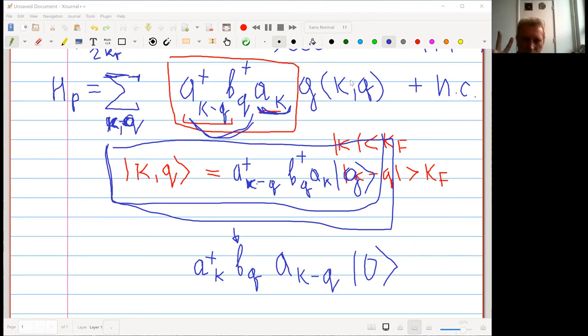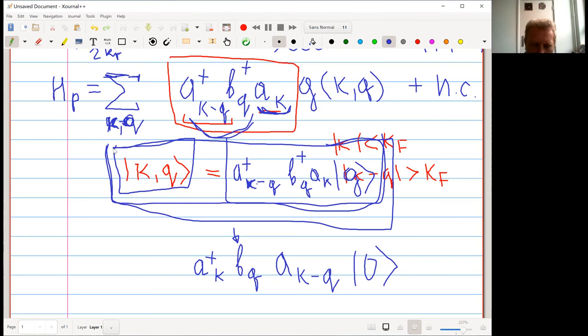What is important, there are two independent momenta for each state you can create, right? That's why I can label the state, just to shorten notations, as K and Q.